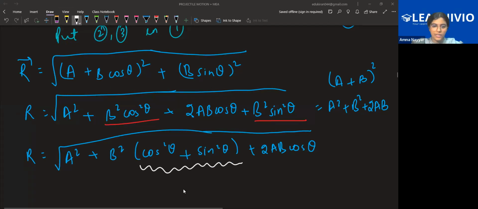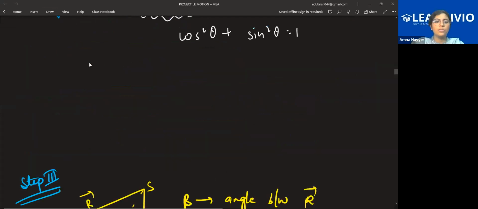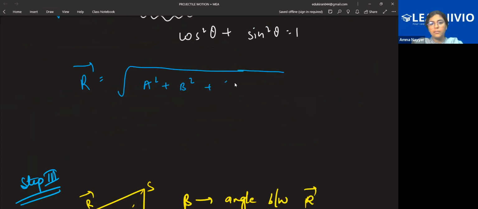Very good, Zainab. Cos square theta plus sine square theta is equal to 1. So finally, the resultant would be equal to under root A square plus B square plus 2AB cos theta.